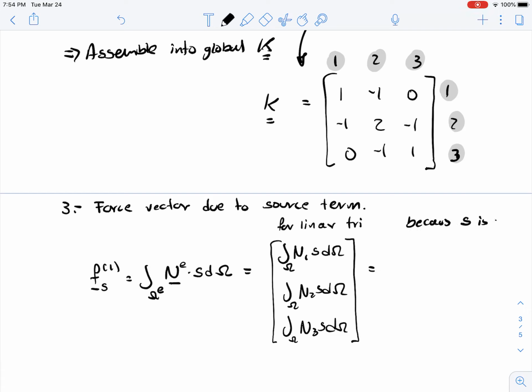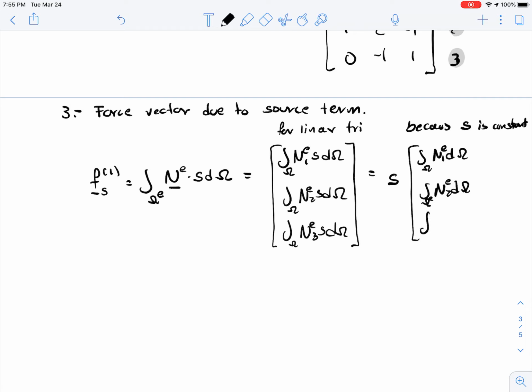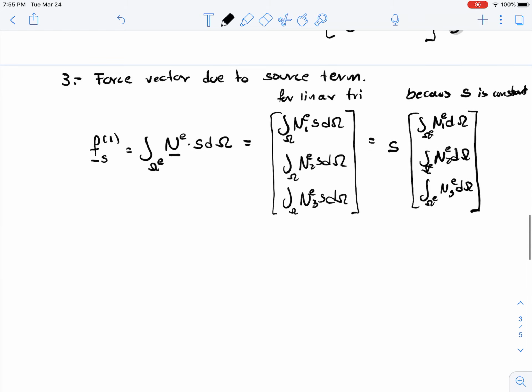And here, because s is constant, I can take it out of the integral, and I'm just going to end up with the integral of N1 d omega, the integral of N2 d omega, and the integral of N3 d omega.